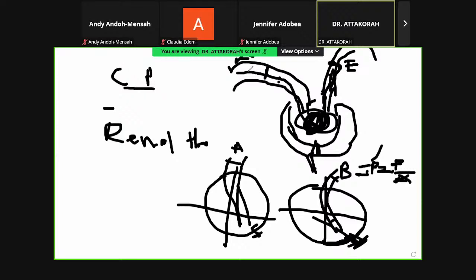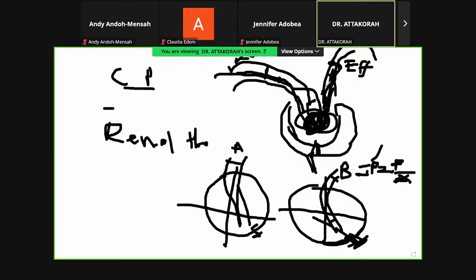This is the same thing happening here. Now, when you dilate this, so we have a bigger lumen, more blood will get into this. More blood will get in, that is ensuring the renal blood flow. More blood will get into the Bowman capsules. For you to increase the capillary pressure here, blood leaving the capillaries into the efferent arteries should face more resistance.